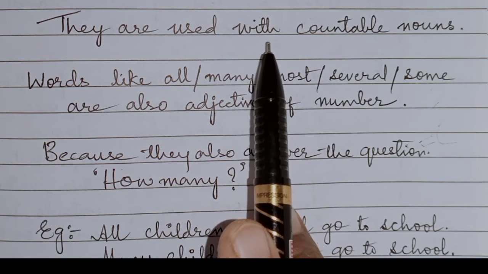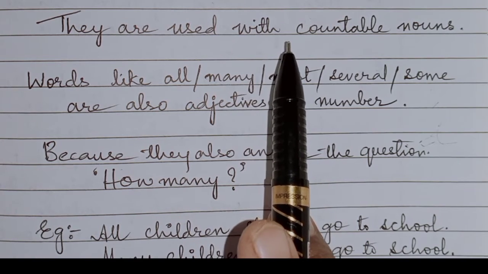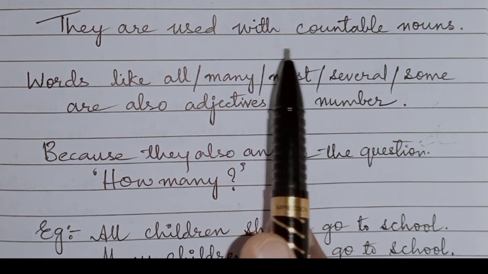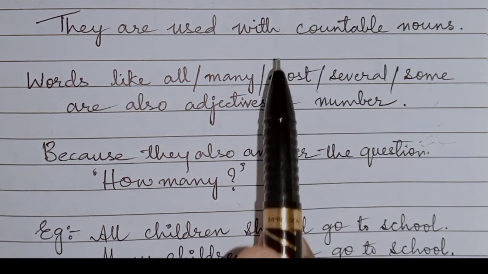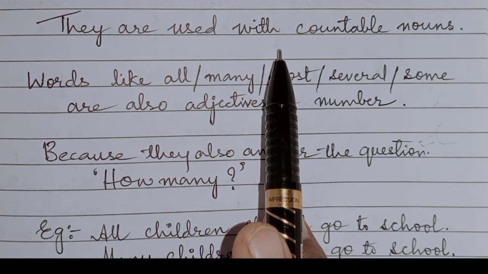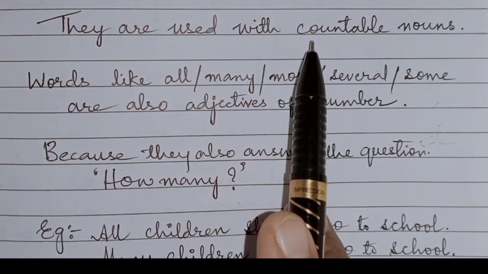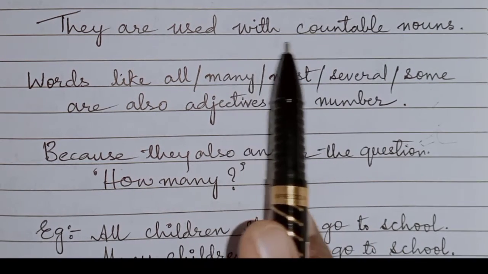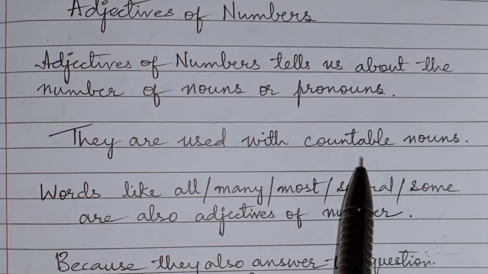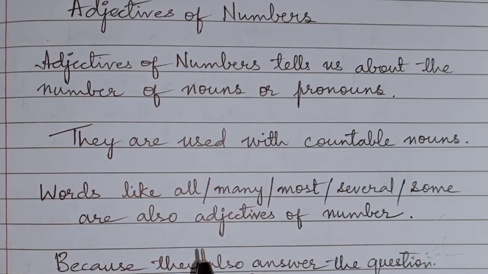Number of songs are 5. Number of mangoes 10. Number of pets 2. So, they are called the countable nouns. When the sentence describes the number, then they are called the adjectives of number.